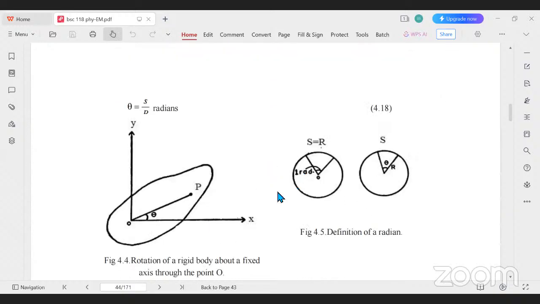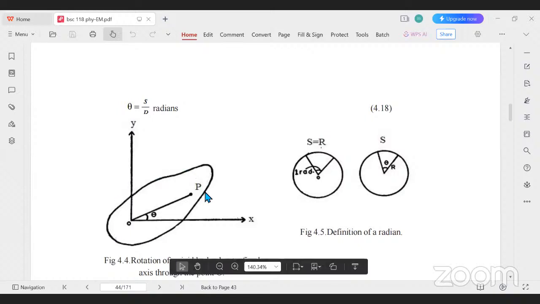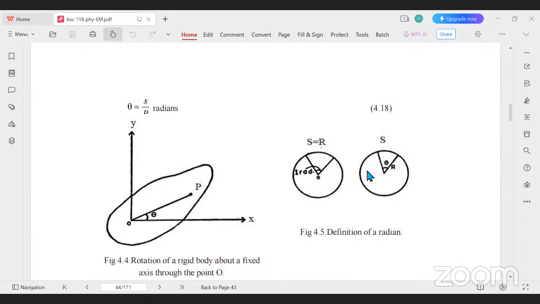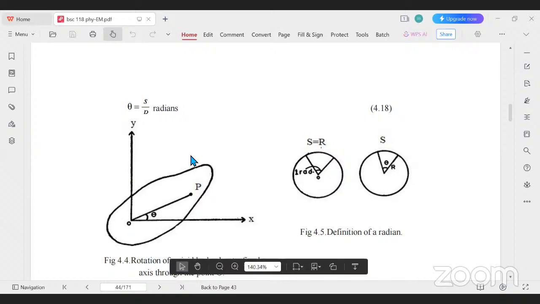If a particle is moving, I can find the angle in every direction. Take the rotation of a rigid body about a fixed axis. The axis is fixed and the body is moving.